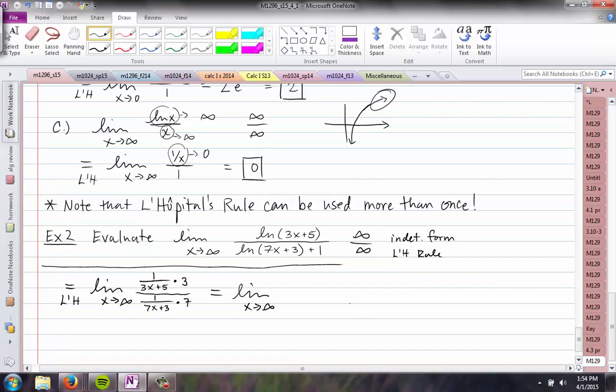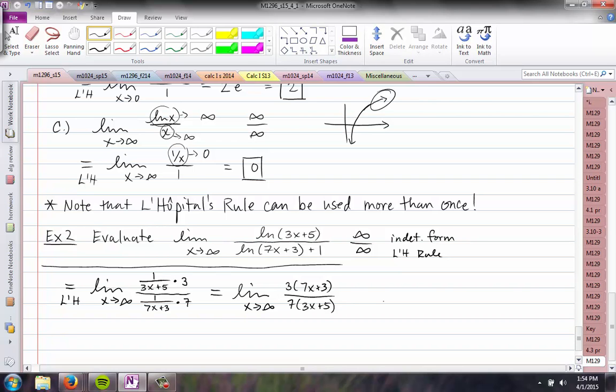And this definitely does simplify. So the 3 and the 7 I'm going to keep in their locations, but then I'm going to write the 3x plus 5 in the denominator and the 7x plus 3 on top. So I'm going to have overall 3 times 7x plus 3 over 7 times the quantity 3x plus 5. So a little bit easier on the eyes for sure.